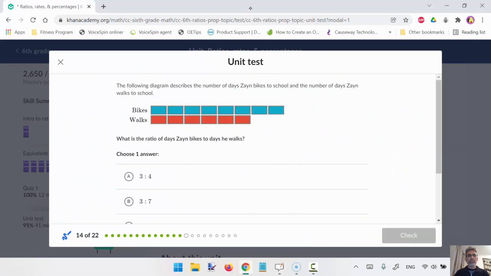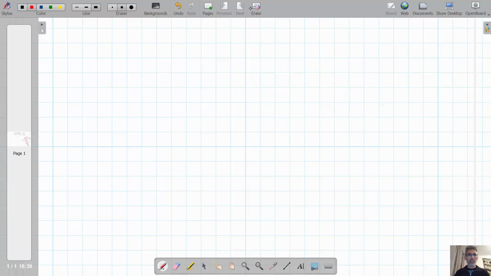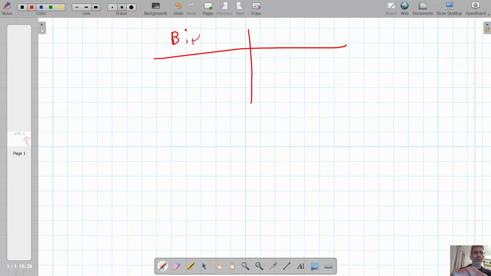The following diagram describes the number of days Zane bikes to school and the number of days Zane walks to school. Okay, so the ratio of biking to walking.